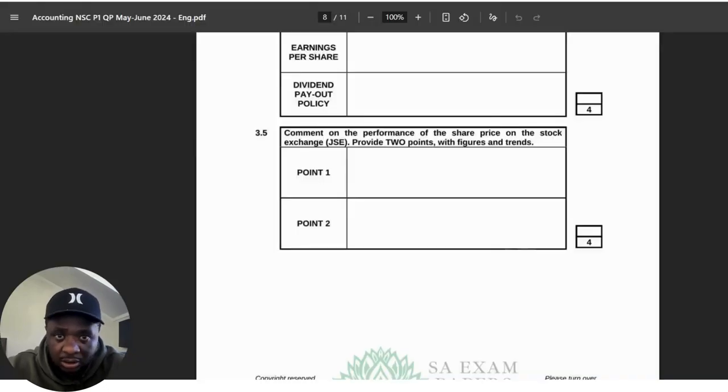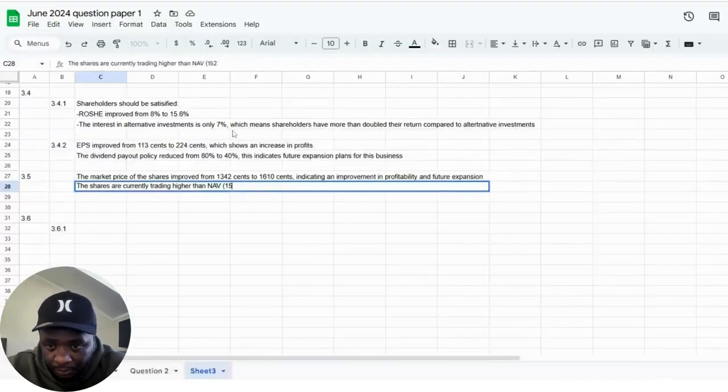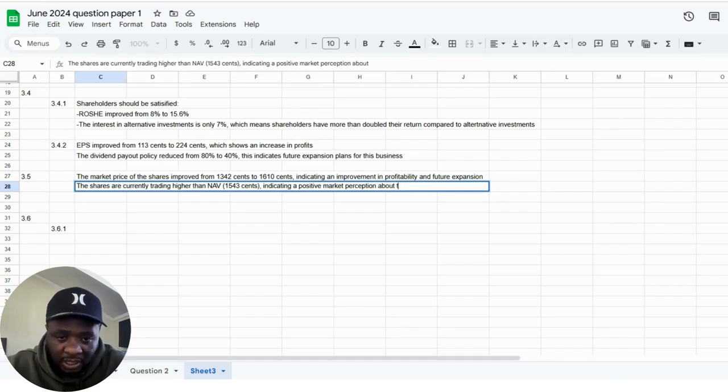Let's check, is it 1523? 1543 cents, indicating a positive market perception about the company.